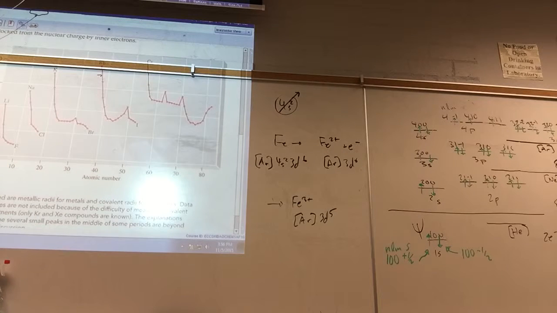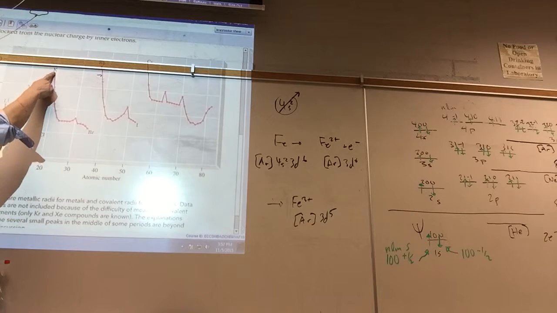If I make a plot of the sizes, we start off with lithium and go to fluorine. So I go across a period, the size shrinks. Lithium's the biggest one, fluorine's the smallest one. And I add a proton, I add a same shell electron. Same thing, the next period. This is second period, this is third period.